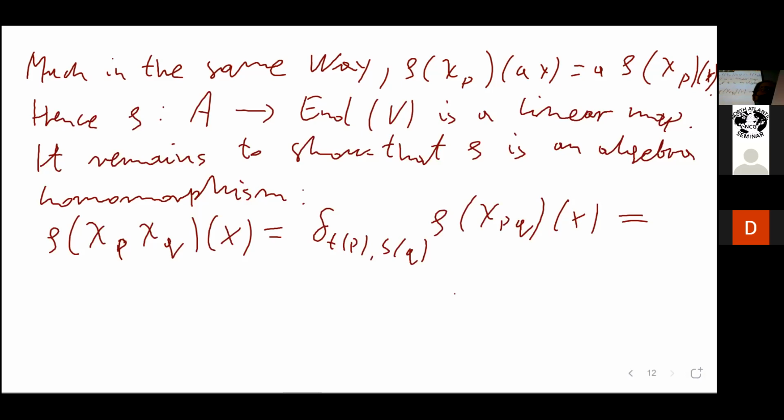Okay, and now I'm applying the definition of representation. So the Kronecker delta remains as it was.